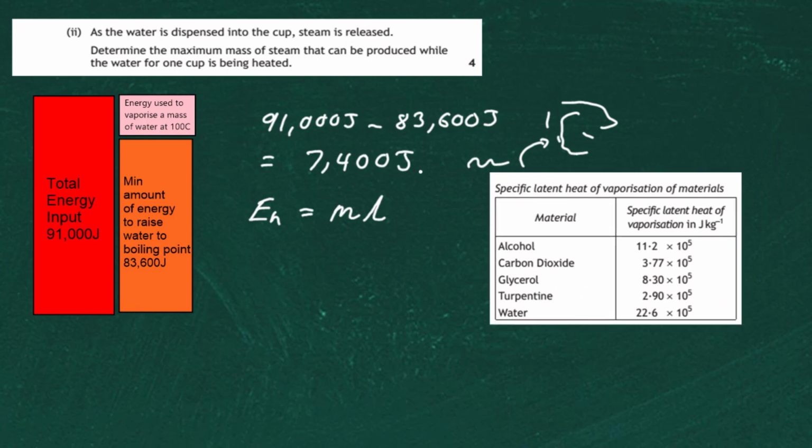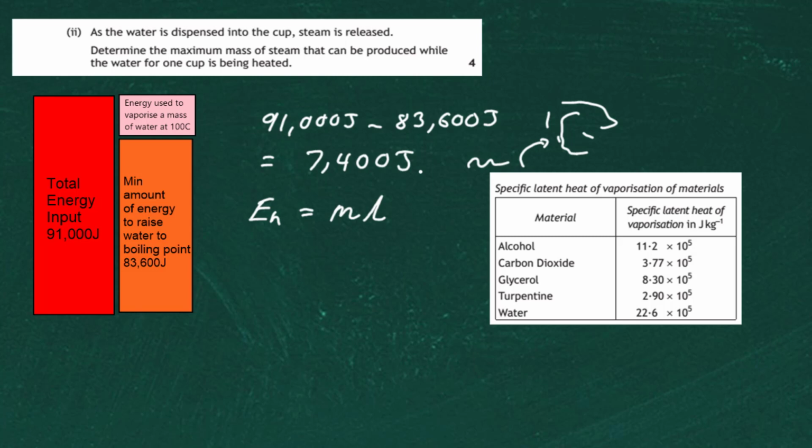Now you can see that for water it's going to take 22.6 times 10 to the 5 joules of energy to change 1 kilogram of water into 1 kilogram of steam. So we know we have put in 7,400 joules of energy above the boiling point, so therefore we can calculate, if we know the specific latent heat of vaporization of water, which we do, it's marked there, the mass of water which has been changed into steam.